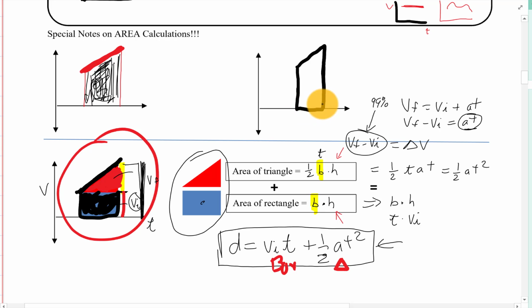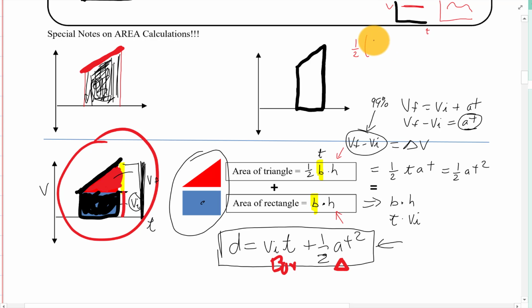This is a grade 8 term from math, right? You remember trapezoids? And the area of a trapezoid formula that you never had to memorize is 1/2 the sum of the two bases, or sum of the two heights.